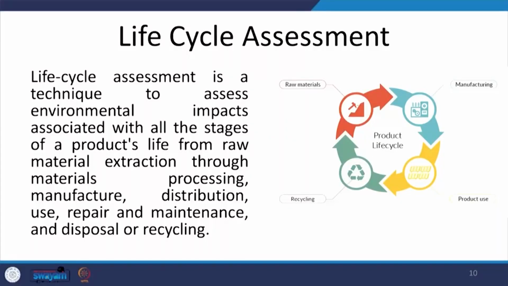The next very important terminology which we often come across is life cycle assessment. Now, life cycle assessment is a technique to assess environmental impacts associated with all the stages of a product's life, that is from the raw material extraction to its processing, manufacturing, distribution, use, repair, maintenance and final disposal or recycling, ideally recycling, but in some cases the disposal.